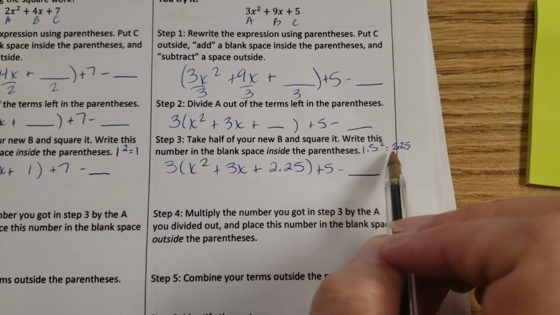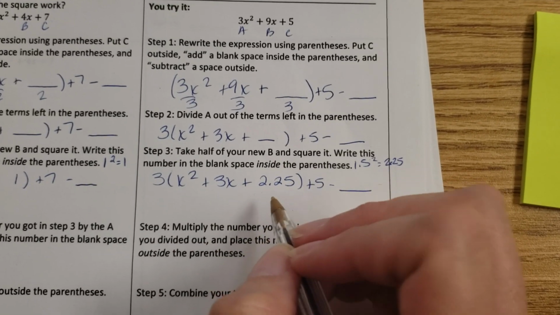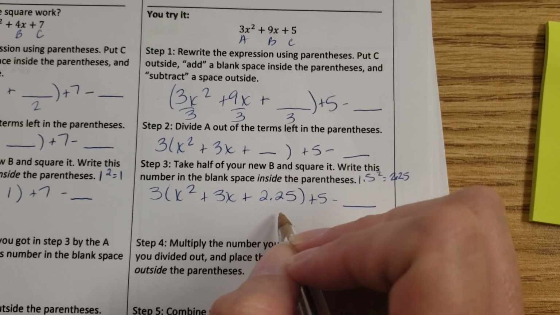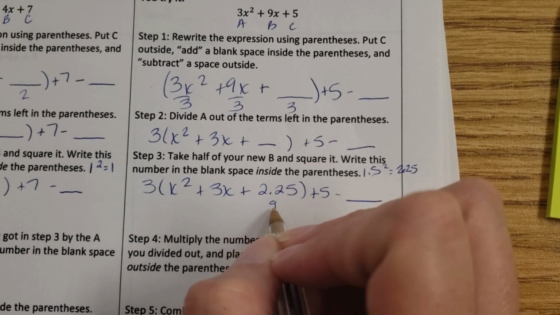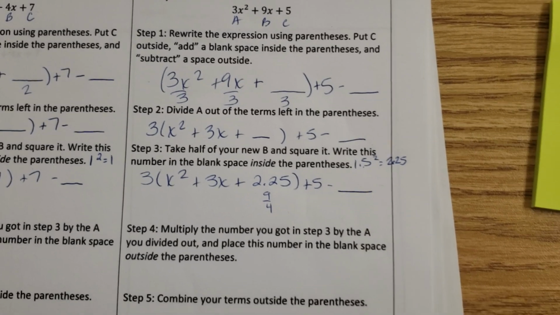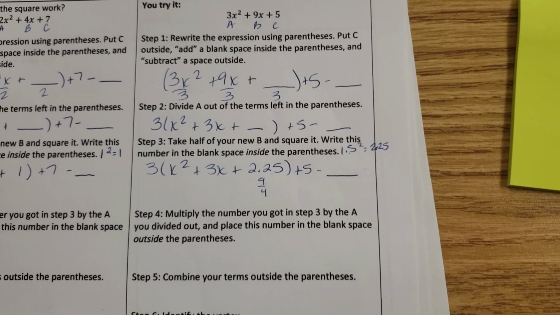And then if you square it, you either get 2.25 or, I'll write it underneath here, I'm not rewriting the whole thing, if you square 3 halves, you get 9/4. So you could have 2.25 or you could have 9/4.